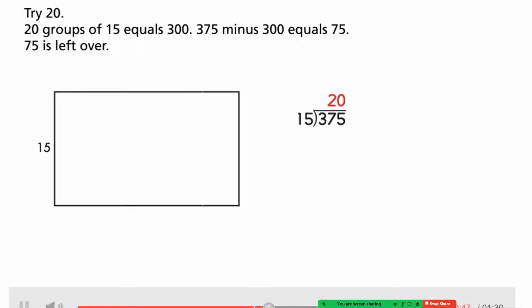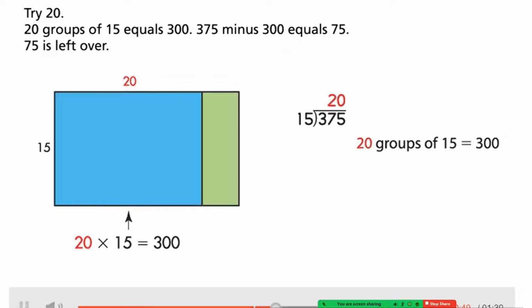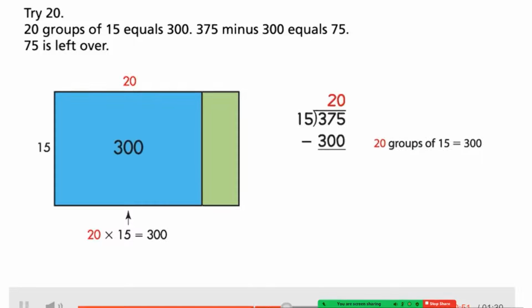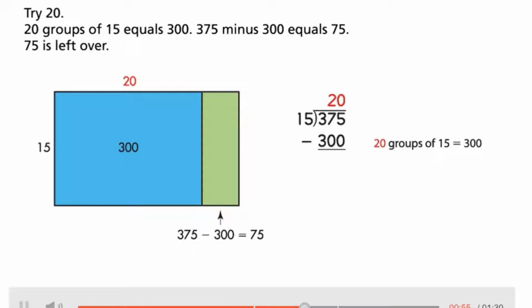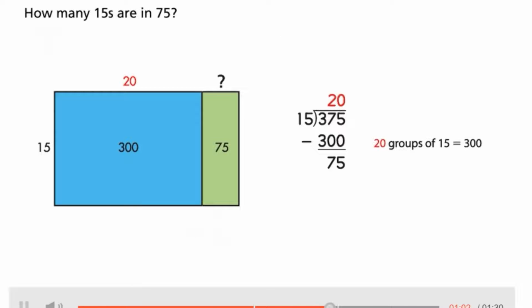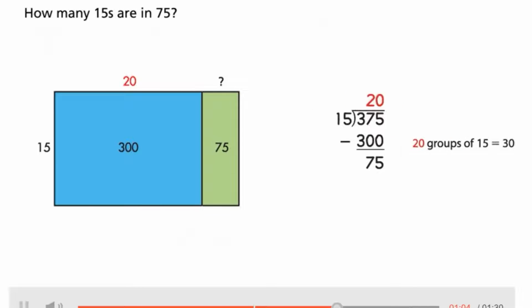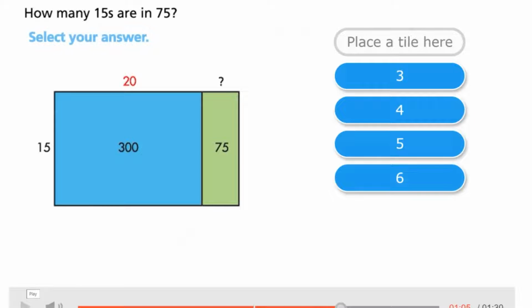Try 20. 20 groups of 15 equals 300. 375 minus 300 equals 75. 75 is left over. How many 15s are in 75? Select your answer. Okay, so here we've already figured out that there's 5 groups of 15 in 75.